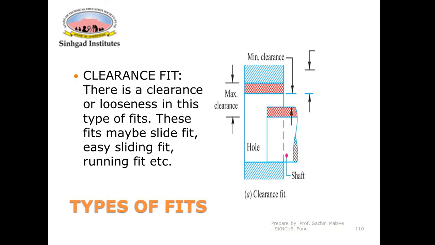That's why it is the minimum clearance. This difference is positive. If the difference between the size of the hole and the size of the shaft is positive, then it is called a clearance. So this is the minimum positive difference. So this is the minimum clearance.